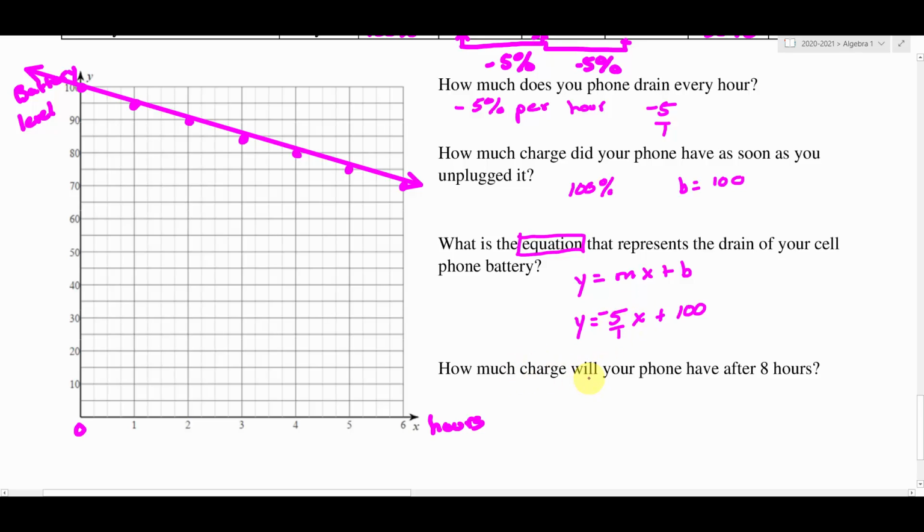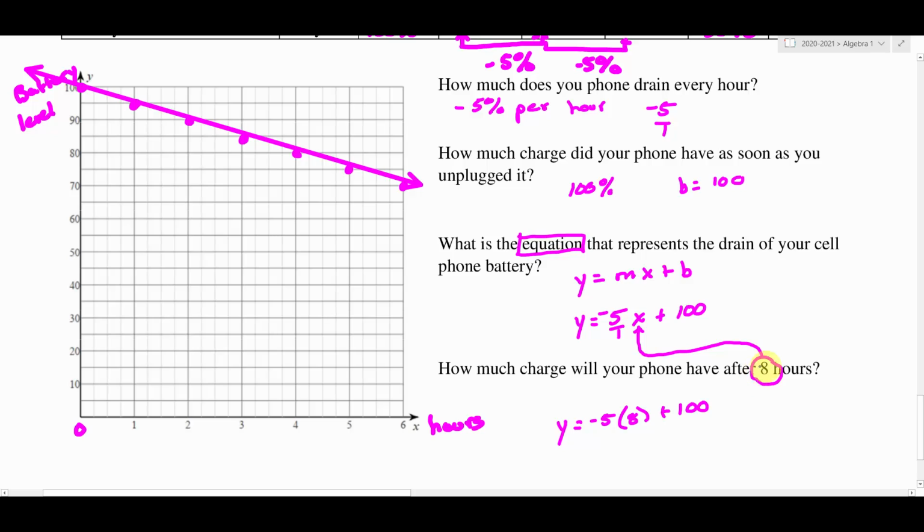Now it's asking how much charge your phone will have after 8 hours. No problem. They are giving us an amount of time, and we want to make a prediction about what the battery level will be after 8 hours. I could take that 8 and plug it in for x, because x represents hours. So y equals negative 5 times 8 plus 100.